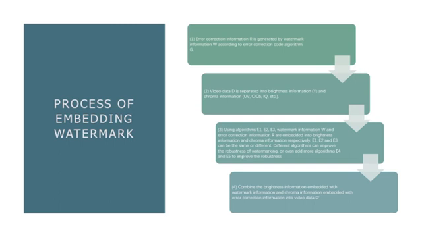Well, the first step is that error correction information is generated from watermark information W according to the error correction code algorithm G, and the video data D is separated into brightness information Y and chroma information.